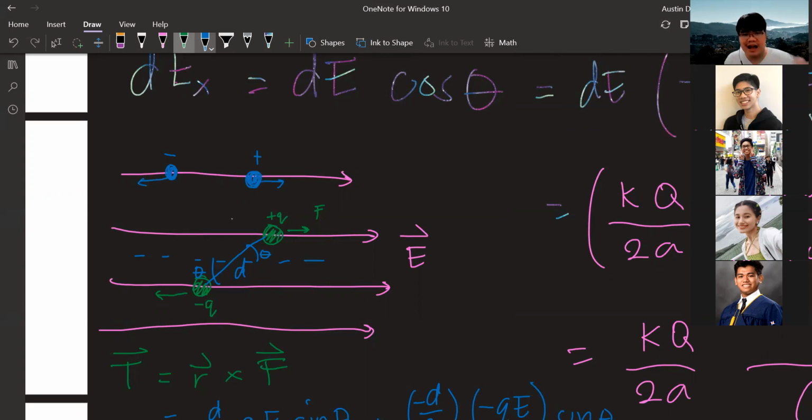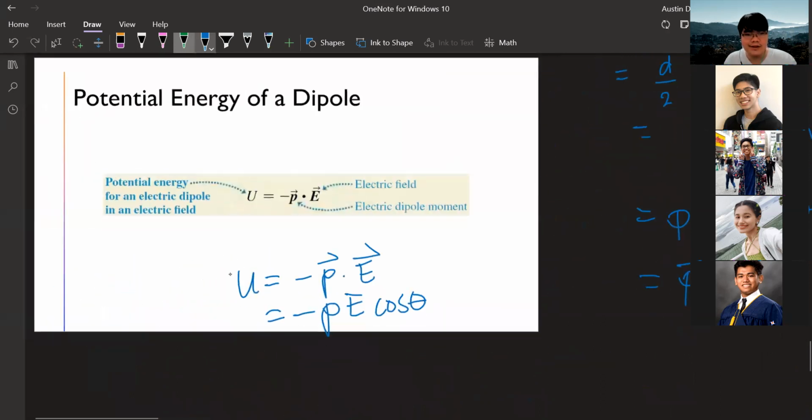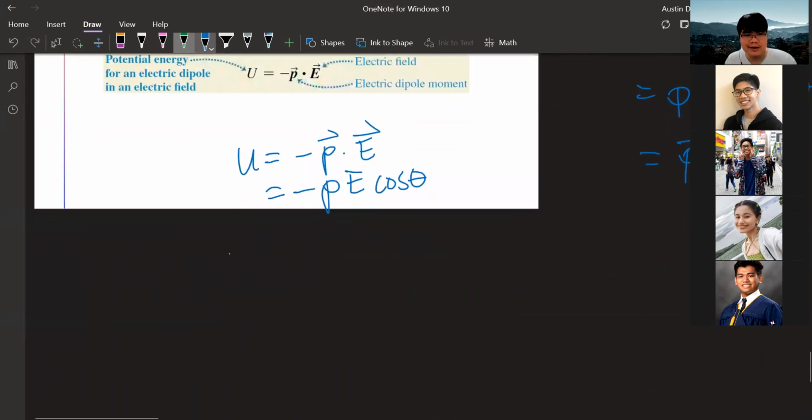So no rotation can happen kapag nakaganto na siya. And ano yung angle nito? 0 degrees. So 0 degrees, that's cosine 0. So let's try different values. Cosine 0, and that gives me 1. So negative P E. Okay?